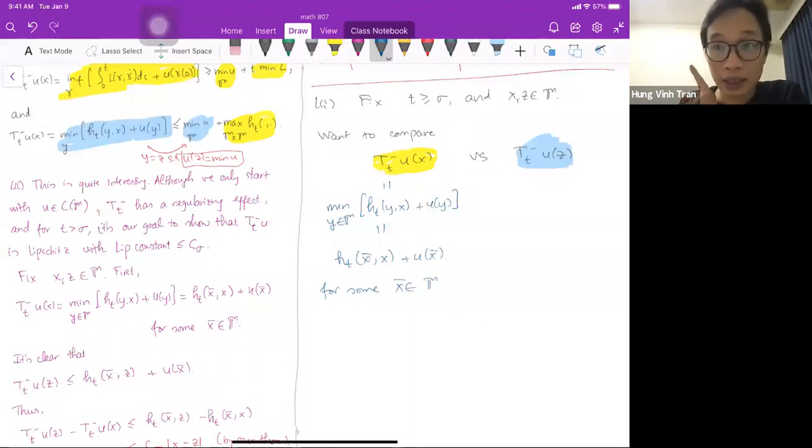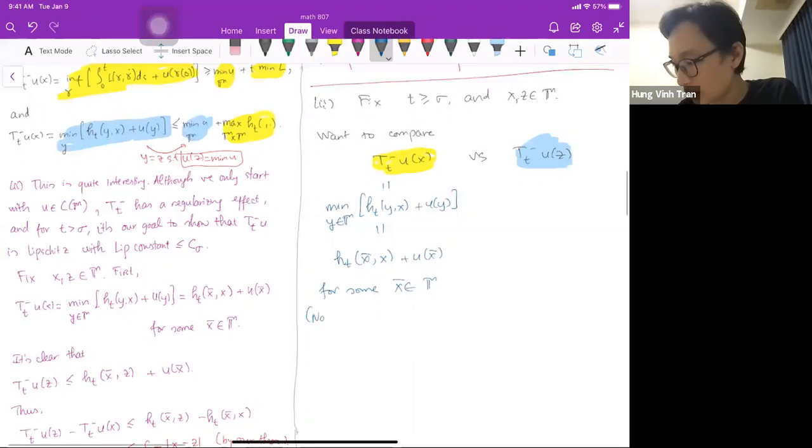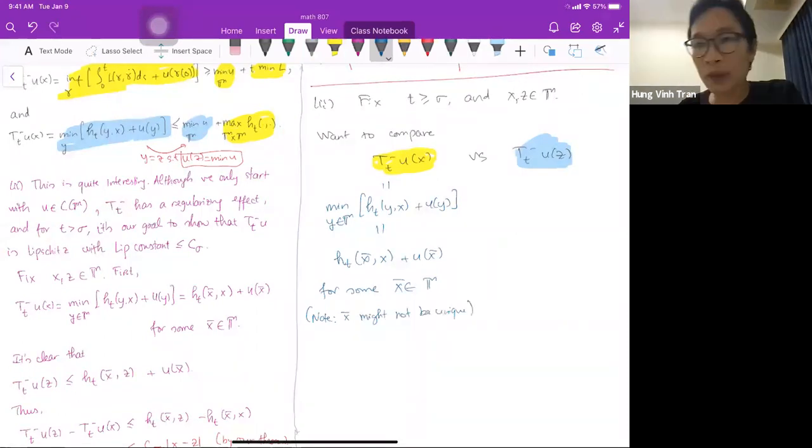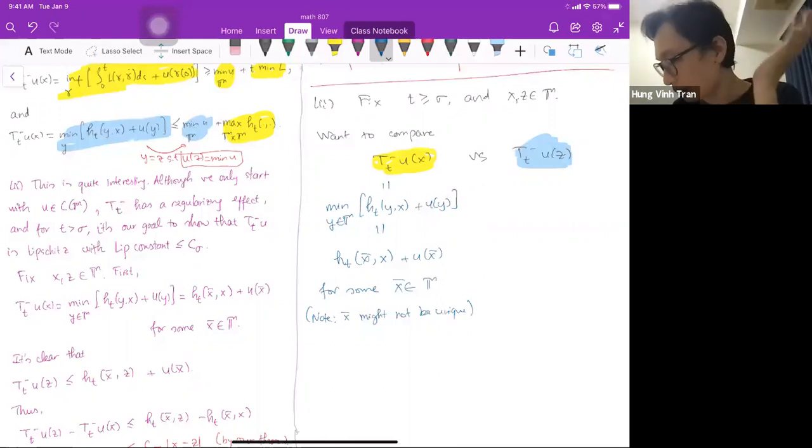And by the way, this minimization problem also doesn't have a unique solution, so note that x bar might not be unique. For those of you who have done problems concerning shock formation, if x bar is not unique, that means there are two characteristics that run into each other at (x,t). That's where a shock is formed for Hamilton-Jacobi, also for conservation laws. Okay, whatever. So that's good.